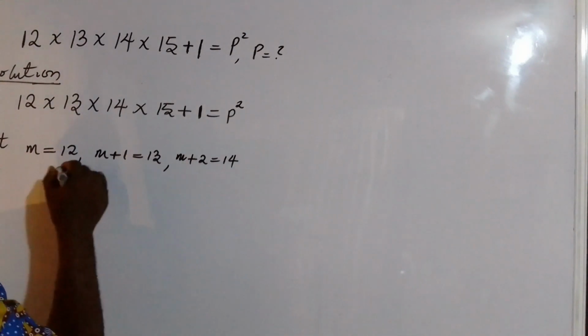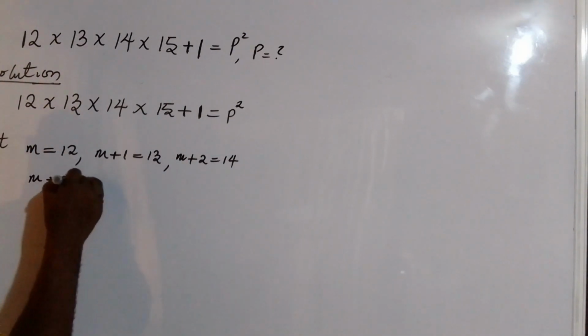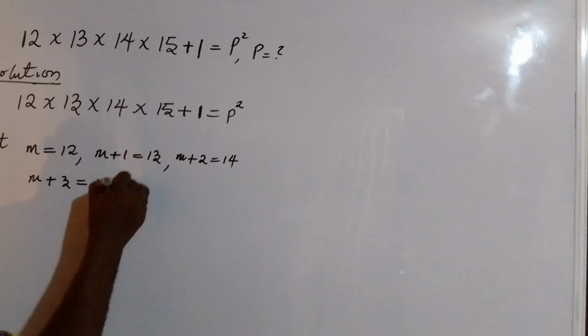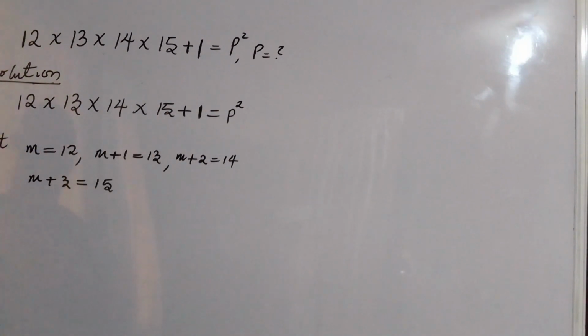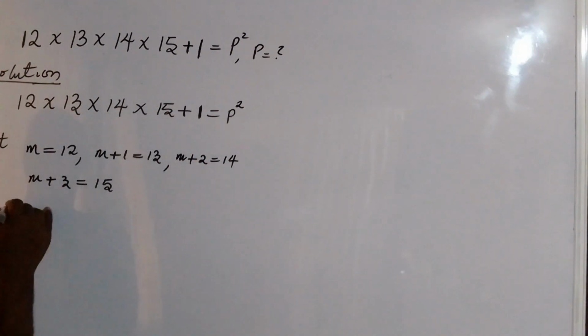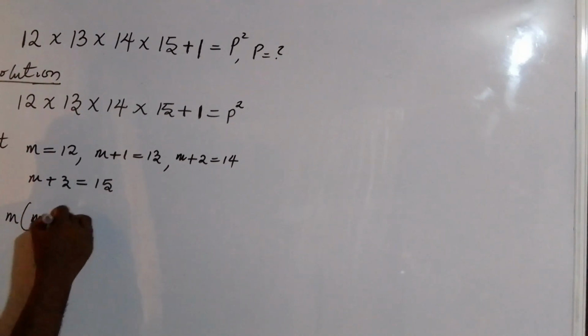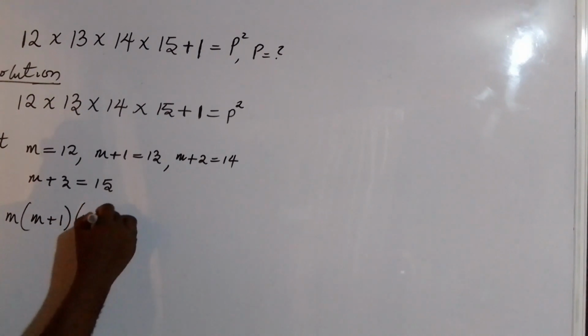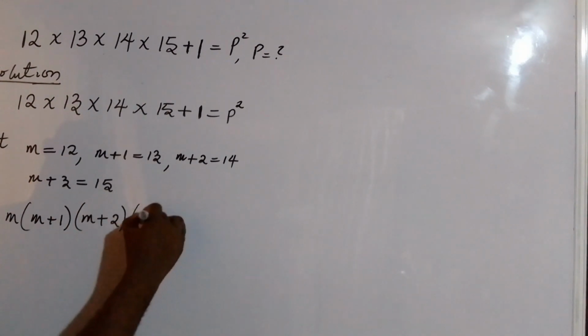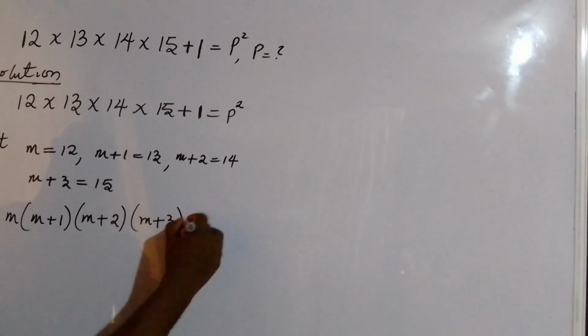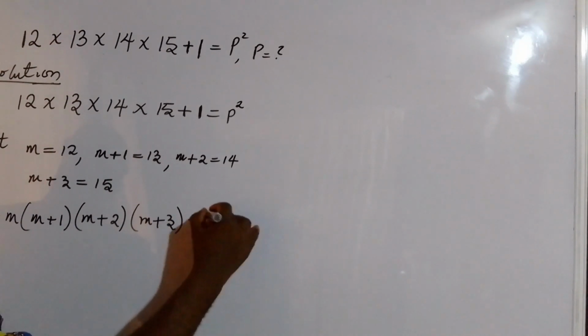Yes, and then of course m plus 3 will be equal to 15, and then you have the 1 there. So the whole of this expression becomes m times m plus 1 multiplied by m plus 2 multiplied by m plus 3, then of course plus 1 equal to p squared.